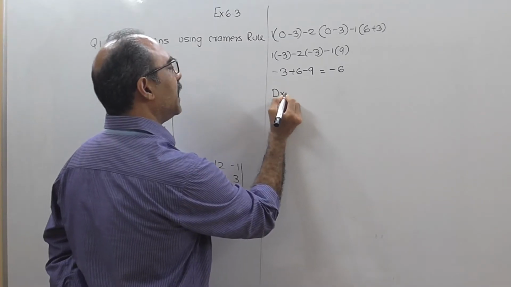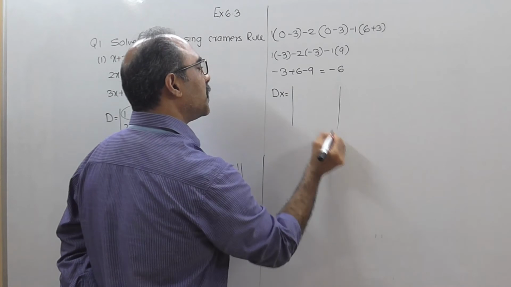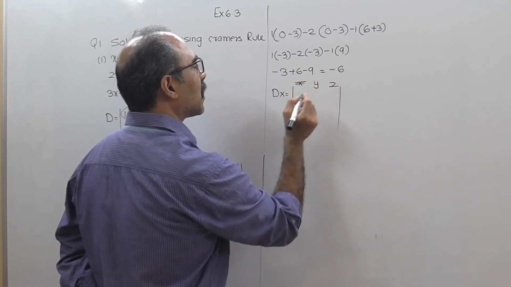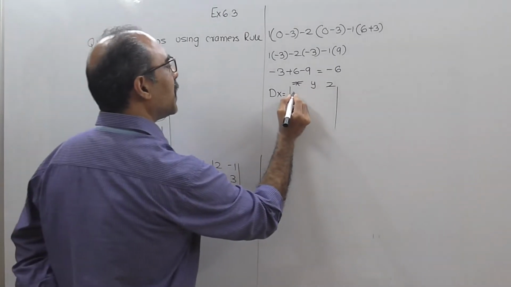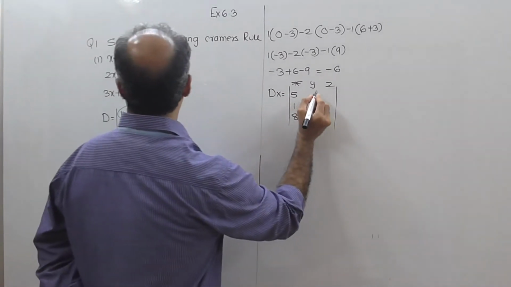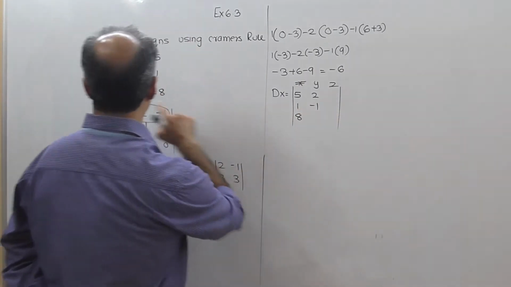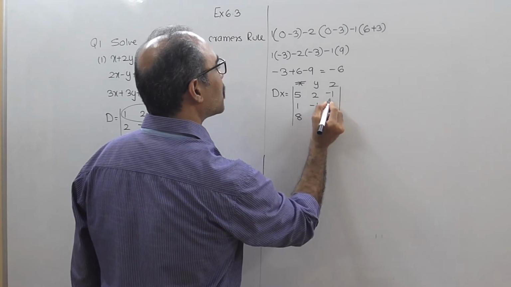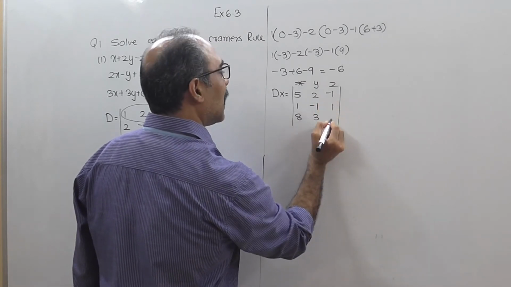Let's go for dx. dx means you have x, y and z, but I will not write the coefficient of x. In place of the coefficient of x I will write 5, 1 and 8. y will remain as it is, 2, minus 1 and 3, and z will be minus 1, 1 and 0.